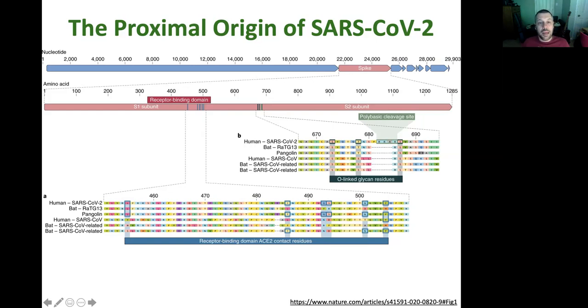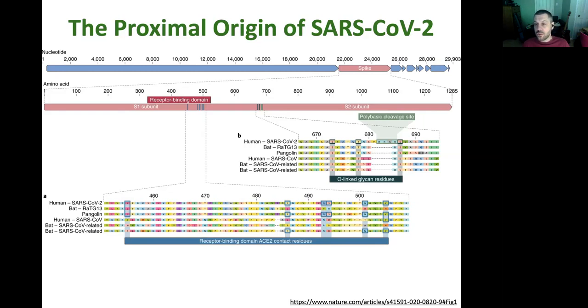And this little map shows you different things that are interesting in that genome, one of which is the spike protein, which is shown around the 22,000 to 24,000 base pair mark. And then what you're looking at in the long pink line, second from the top, is basically, these are amino acids now.